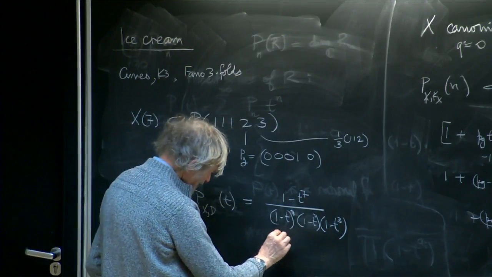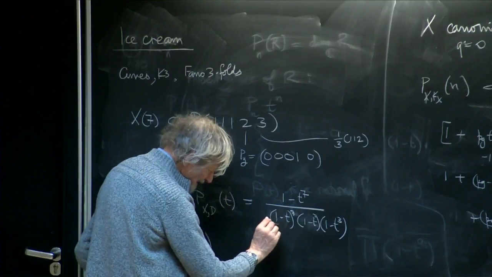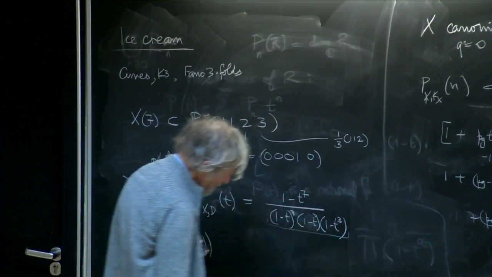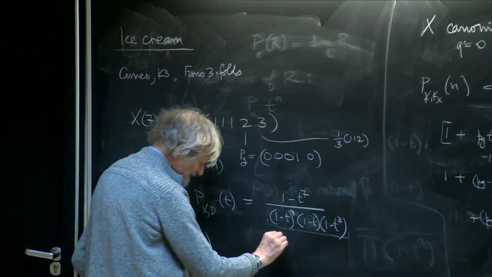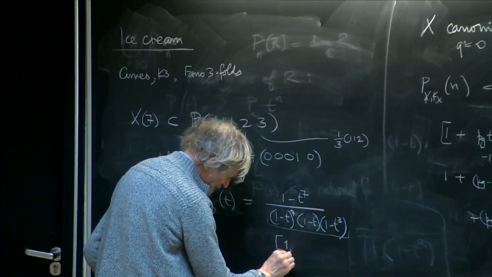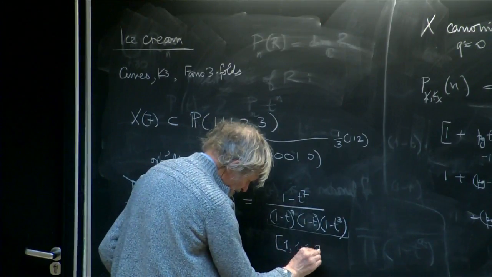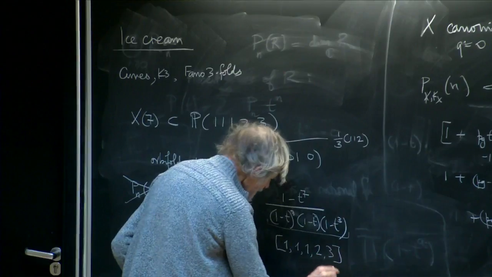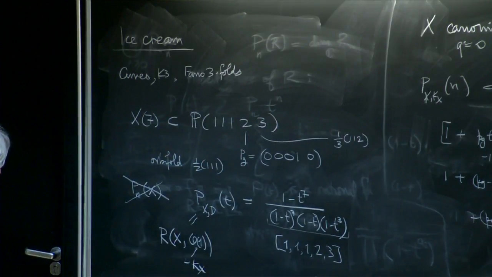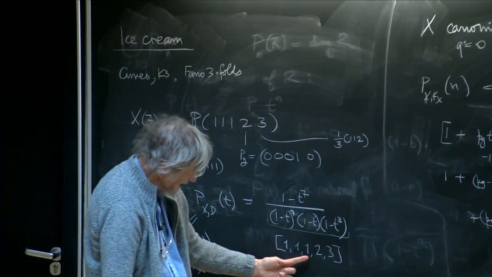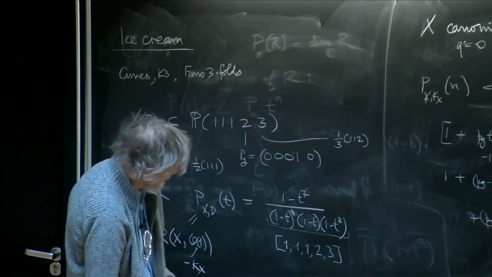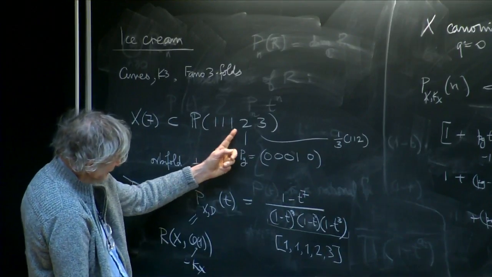When you've done 10 or 20 of these calculations, you will start writing these denominators: 1, 1, 1, 2, 3. This is just the denominator corresponding to the Hilbert series of the graded ring with these weights.